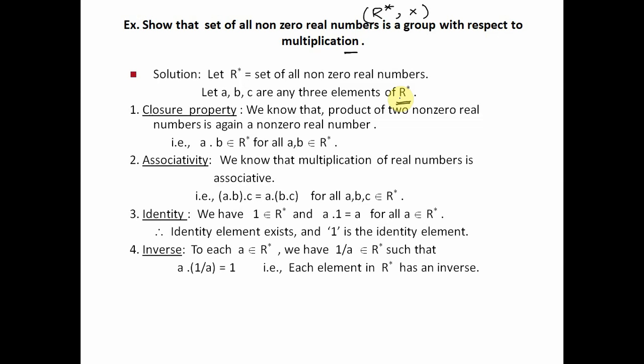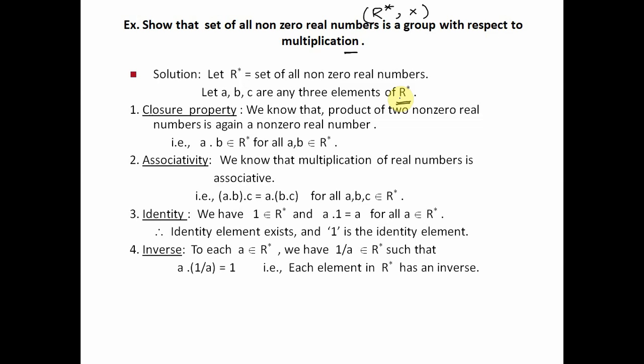Next, the inverse element. For every element a, we have 1 upon a as the inverse element. Please remember, an inverse exists for every element because this is the set of real numbers except 0.